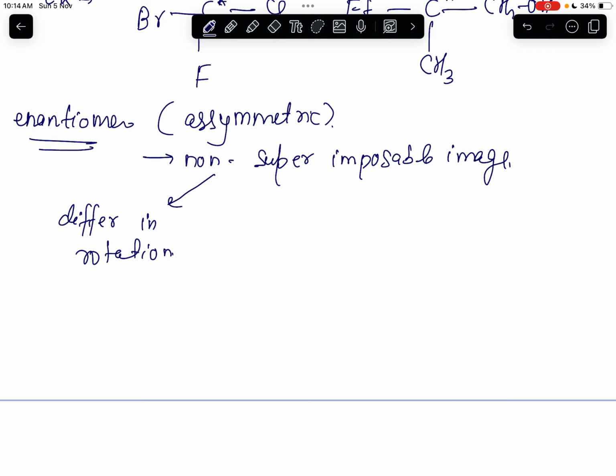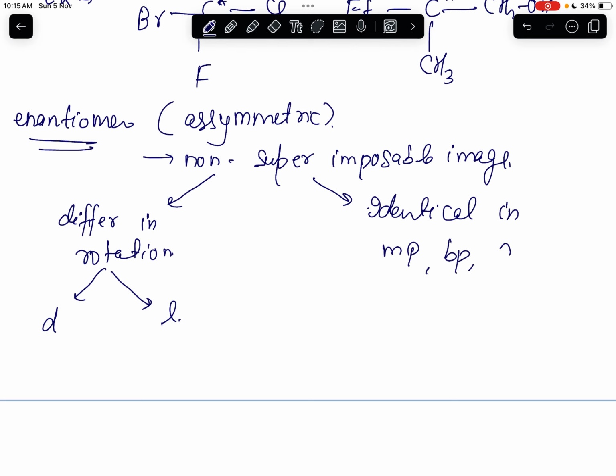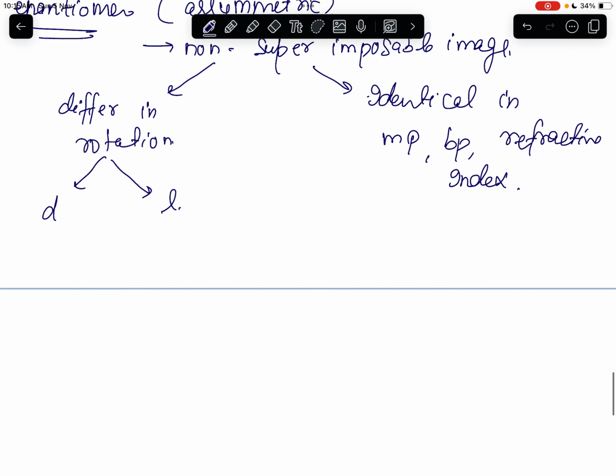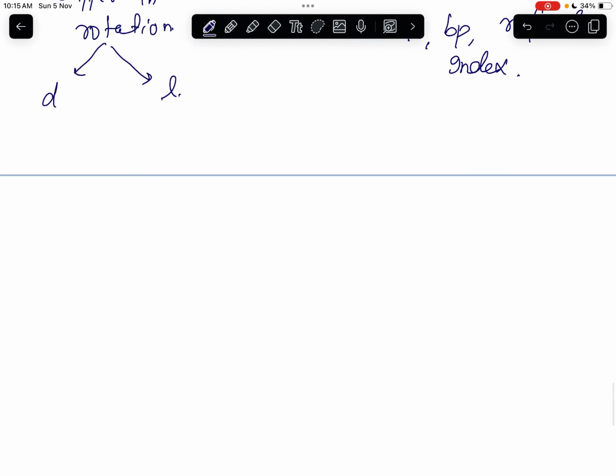For example, for plane polarized light, D and L forms exist and they are identical in melting point, boiling point and refractive index. In the 10th class you have already studied that the refractive index depends upon the medium in which the light travels.